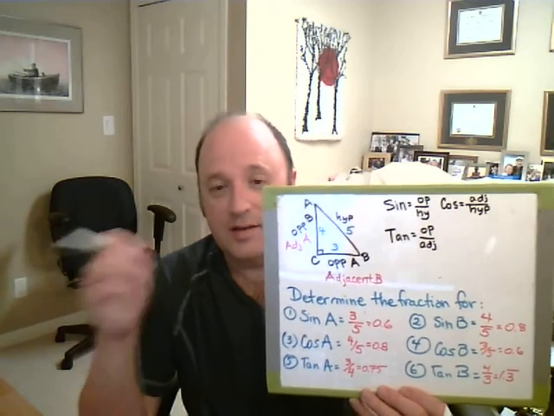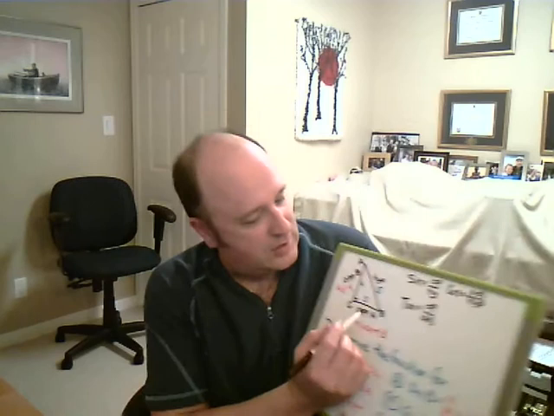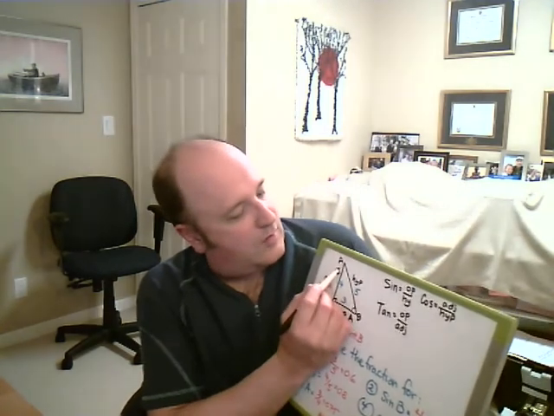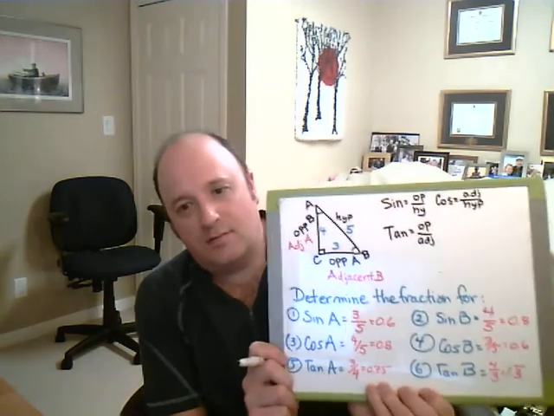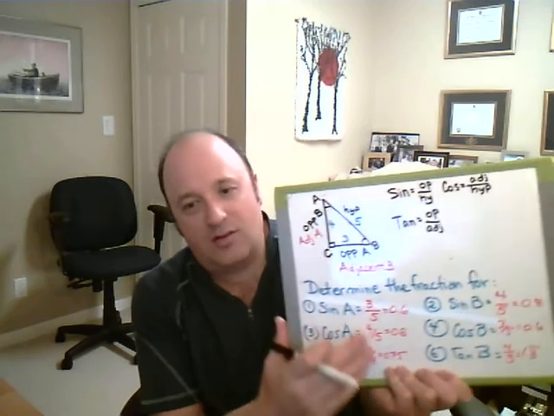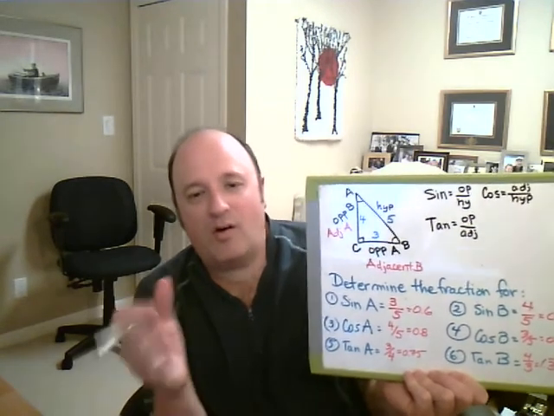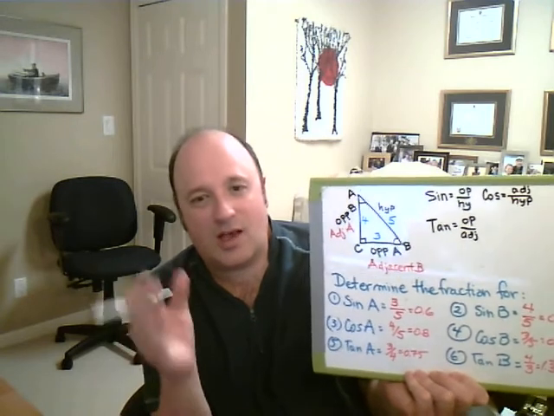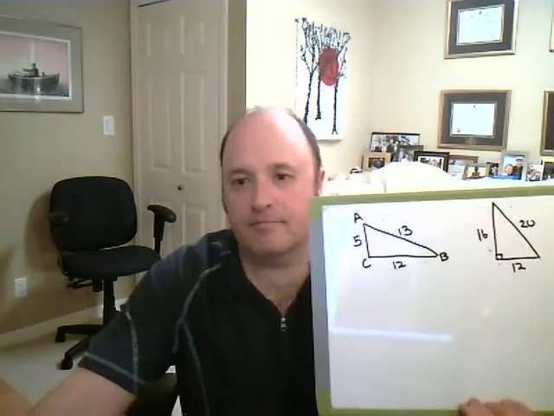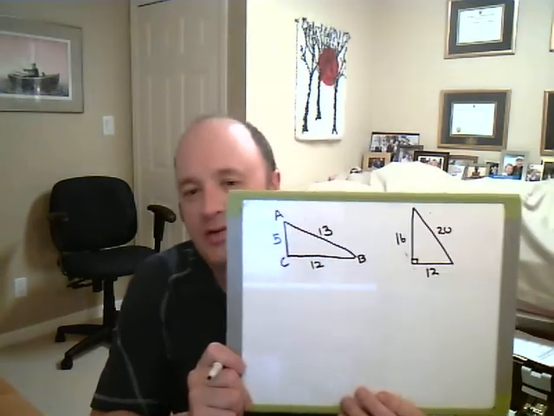Now the beauty of sine, cosine, and tangent is that when these angles change, our values change, and so our calculator has a database of all the angles and all their sine, cosine, and tangent ratios. Let me pause this for a moment to give you a better description. As you can see, here are two different triangles.